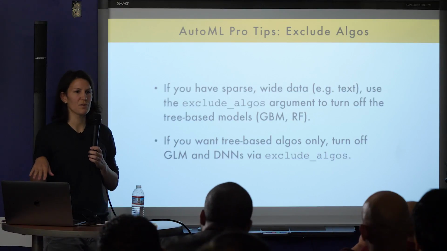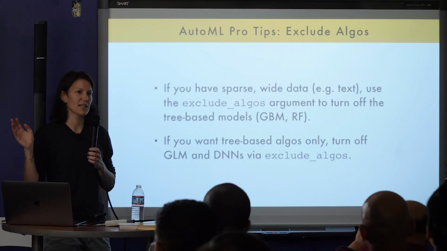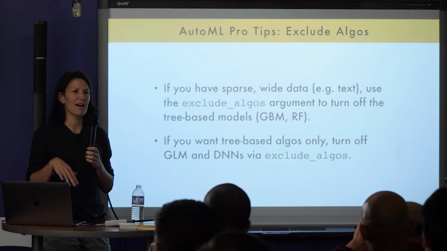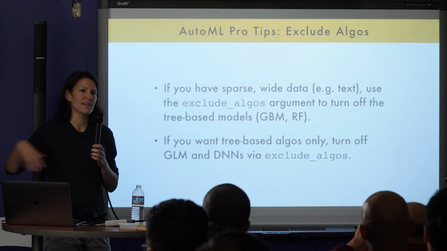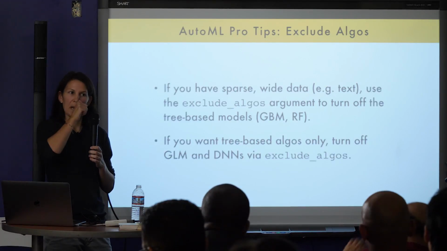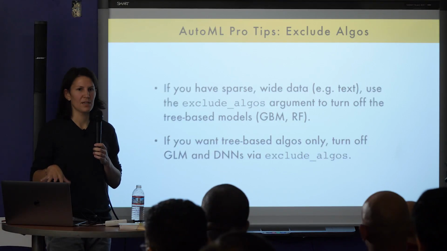So if you want to turn off the GLMs or the deep learning and just do tree-based algorithms, you could do that. Or conversely, if you have really wide sparse data and you feel that GLMs or deep learning are better, then you could turn off GBMs and random forest. So that gives you some tunability.